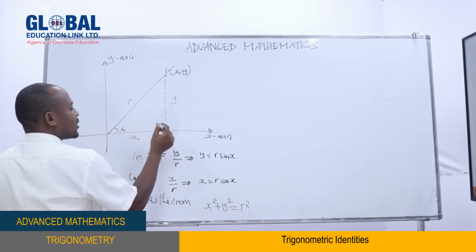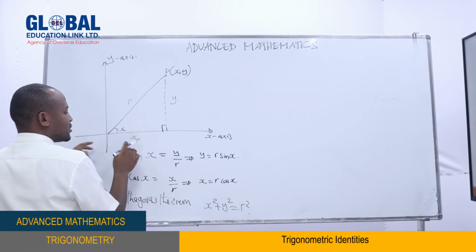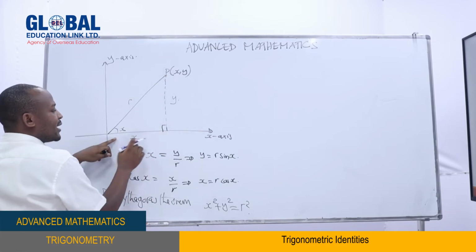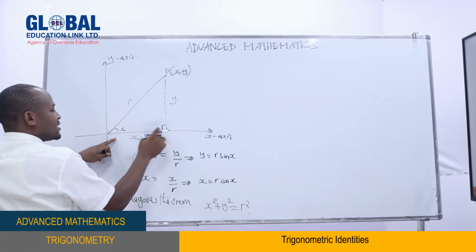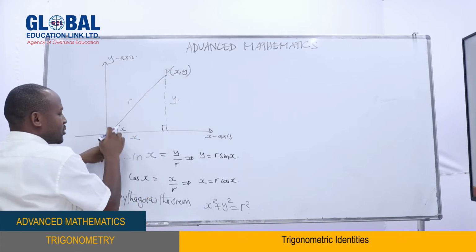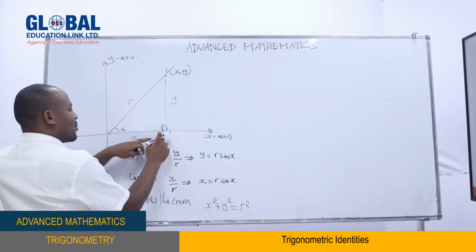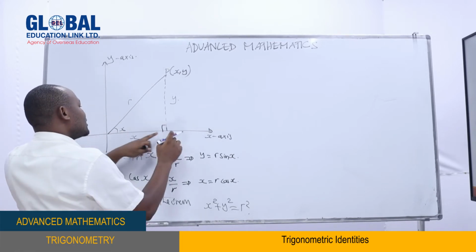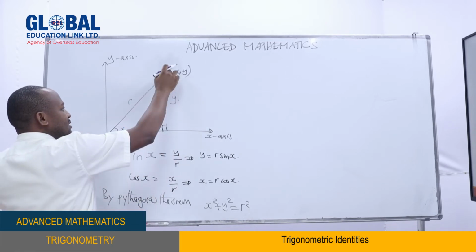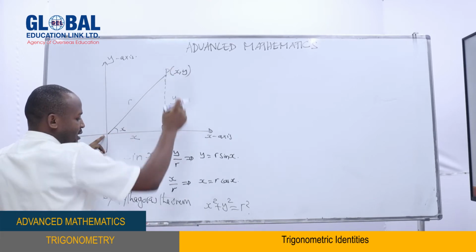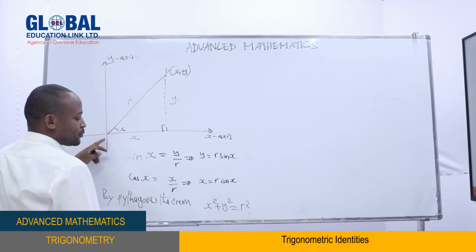That is our right angle triangle, with this as our hypotenuse, that as our adjacent, and that as our opposite to that angle. That means this distance squared plus that distance squared is equal to the hypotenuse squared. That is our relationship.